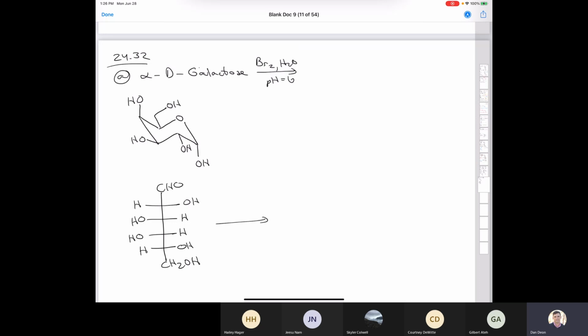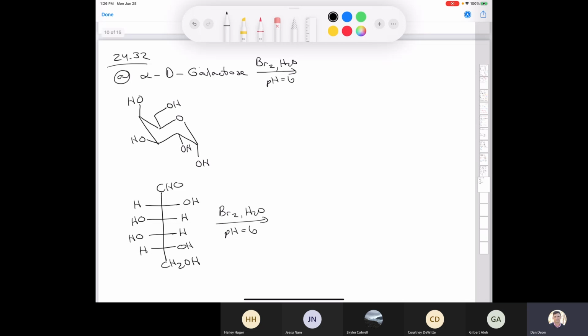And again, we're treating this with bromine in water at a pH equal to 6. So what we're going to do is oxidize the aldehyde to a carboxylic acid. So we're going to oxidize it to an aldonic acid. So let's do that. I'm going to convert that, and I'll just use my copy paste here again.